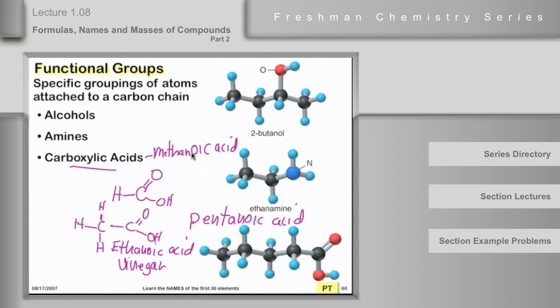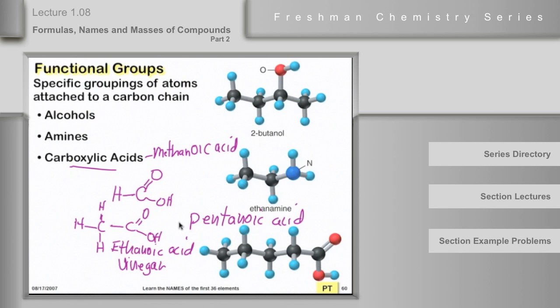Oh, back a slide? Okay. Methyl distinguishes the group as an attachment, a branch. So it would be methyl or ethyl or propyl. The YL ending means it's a branch. I'm sorry, I should have mentioned that.